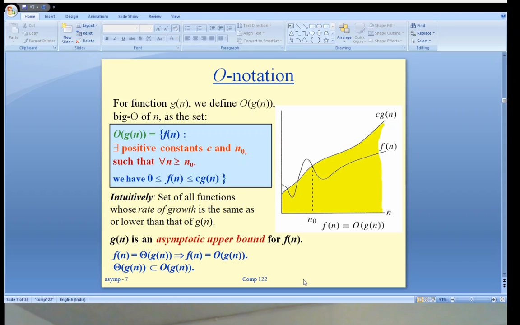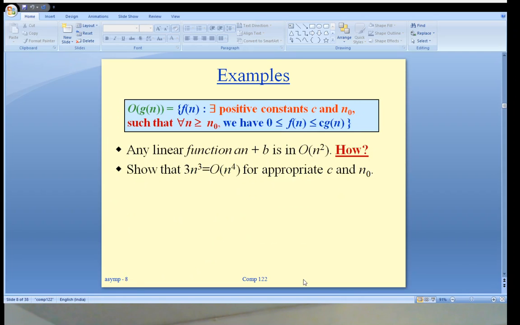But we are interested in the nearby limit that exceeds the function. For example, the linear function an plus b is O of n square, because an plus b is a linear function that depends on the growth of n, and it is surely smaller than the growth of n square, so it is upper bounded by the n square function. Similarly, 3n cube is upper bounded by the n raised to 4 function.